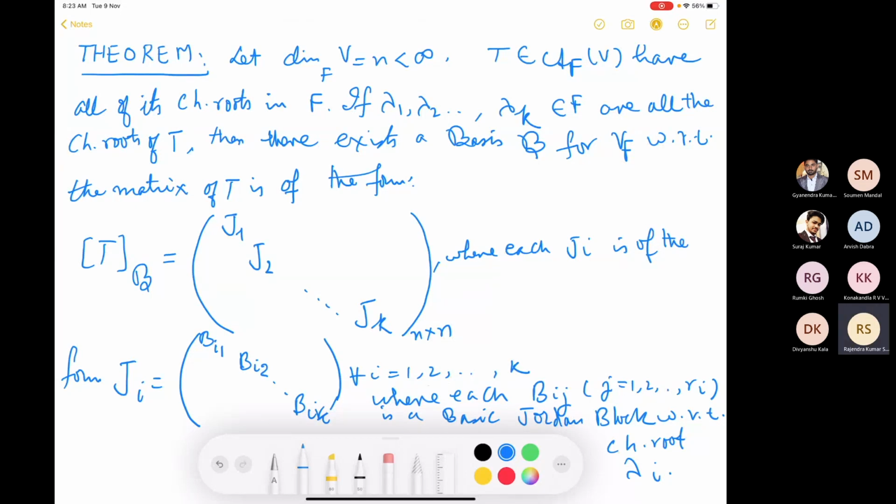All entries are 0 except on the diagonal and super diagonal, and the diagonal consists of characteristic roots. Since for a nilpotent linear transformation all the characteristic roots are equal to 0, the diagonal also will be 0 in that case. So this Ji will consist of Jordan blocks with all entries zeros and one on the super diagonal only. And that's precisely what we had already proved.